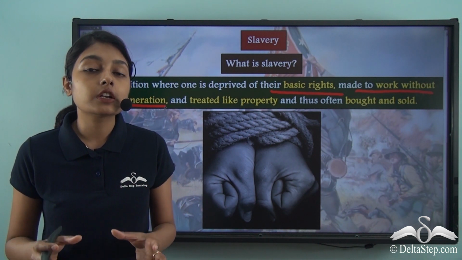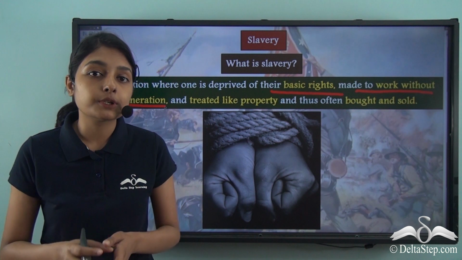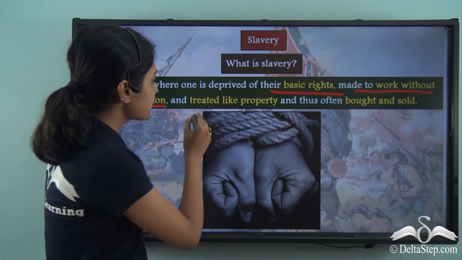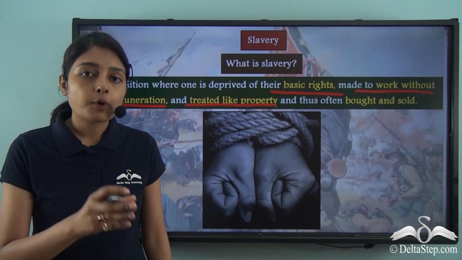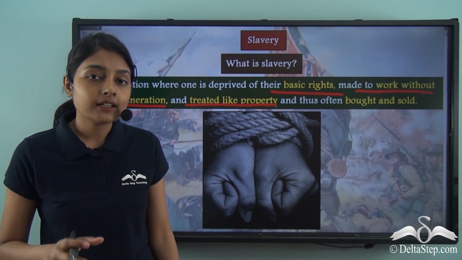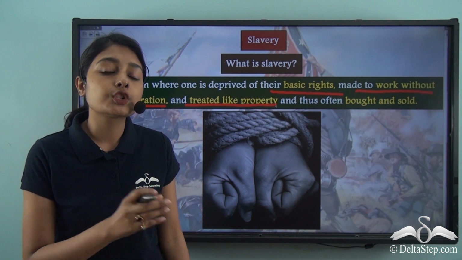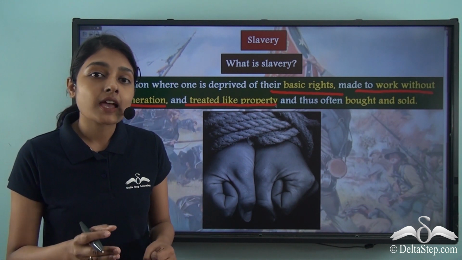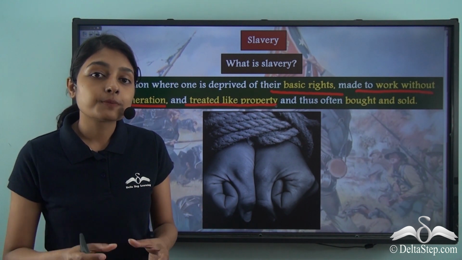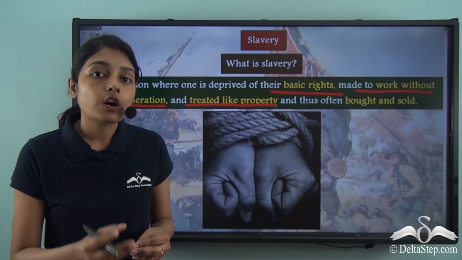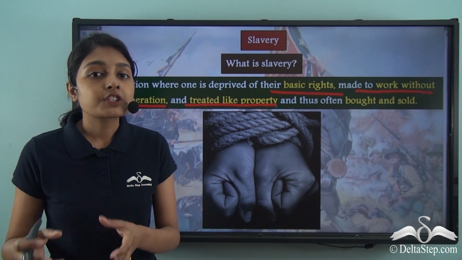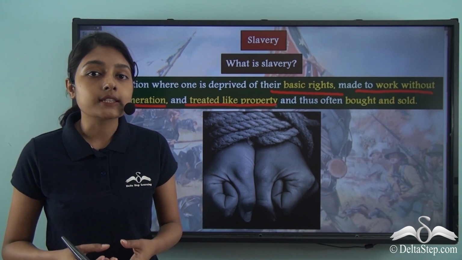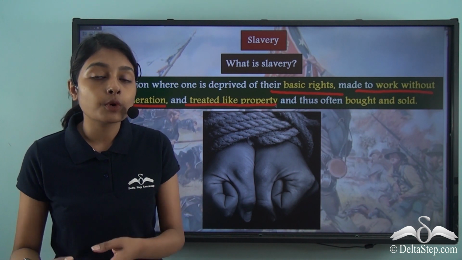They have to render forced unpaid labor, and slaves are treated like property. This is a point that we just established, that slaves are not treated as human beings. Slaves have slave owners, which means that a person or a group of persons own these slaves, which makes these slaves properties. Slaves are treated like commodities.